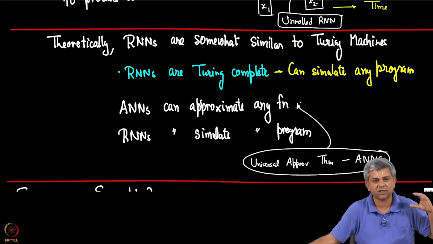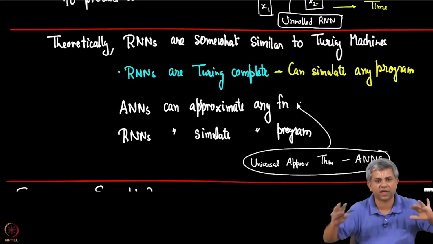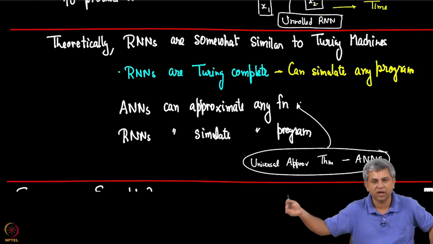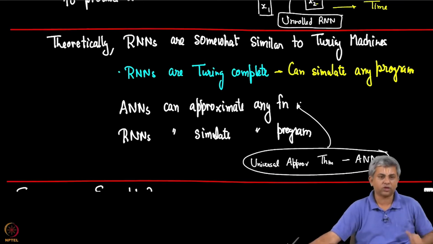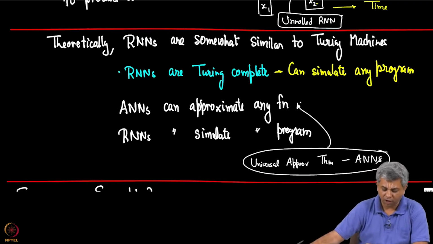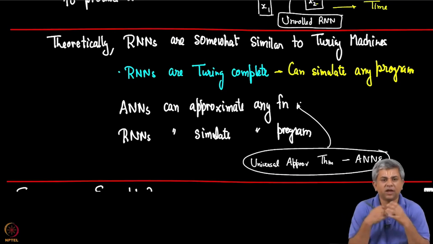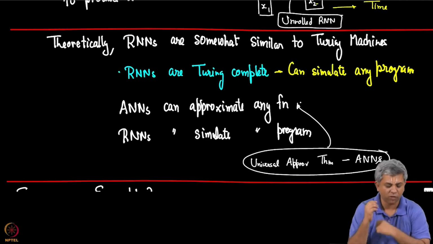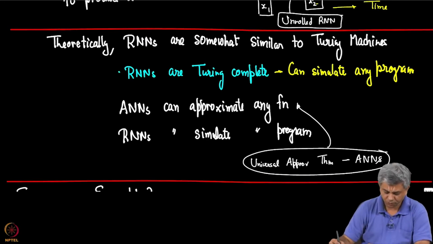So, RNNs are supposed to simulate a generic function which can take inputs at varying time instants, okay. That is the speciality of RNNs. So, once again theoretically we know that RNNs are what are called Turing complete, that is, they can simulate any program, okay. After this brief theoretical note, we will move on to a practical thing, okay.